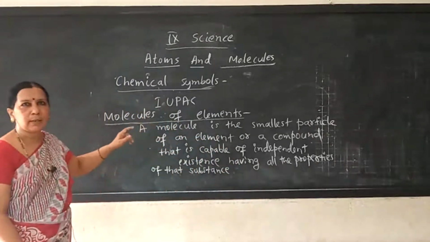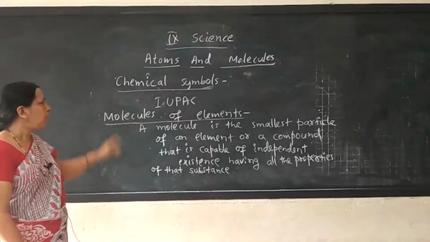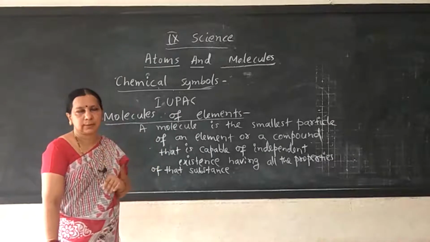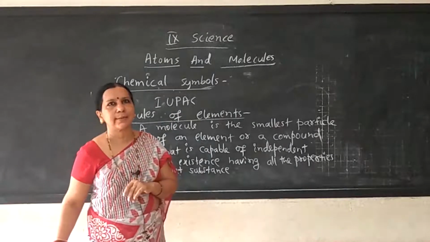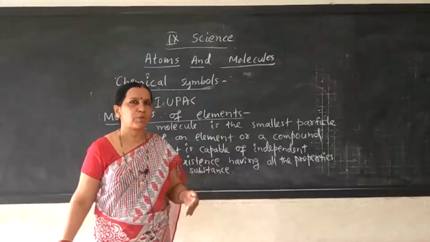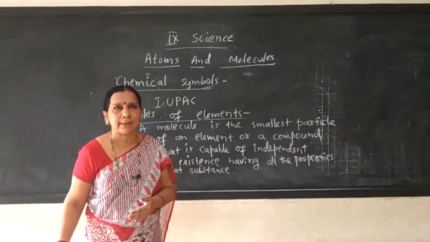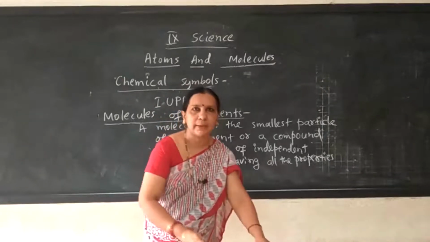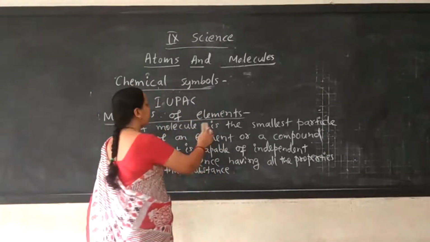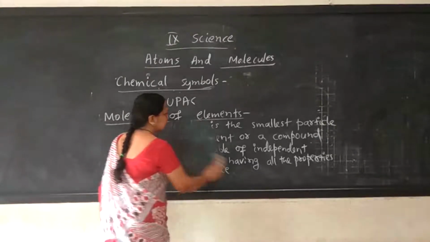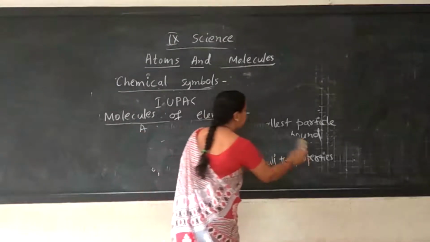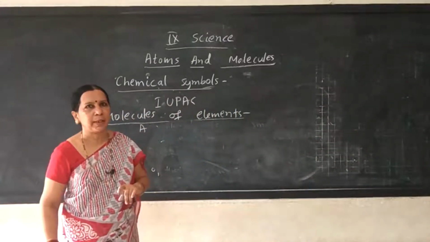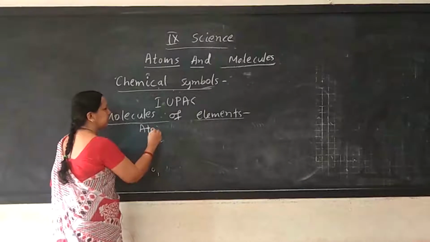Now, what do you mean by molecule of an element? A molecule of an element consists of the same type of atoms. So, a hydrogen molecule consists of two hydrogen atoms only. An oxygen molecule consists of two oxygen atoms only. Now, for this number of atoms which constitute a molecule, we use a term called atomicity.